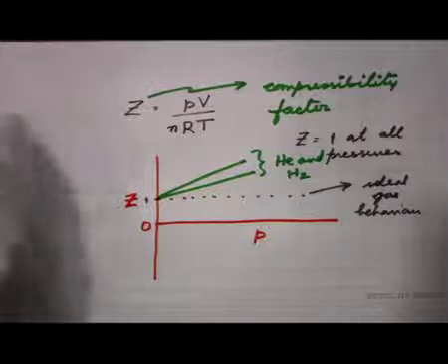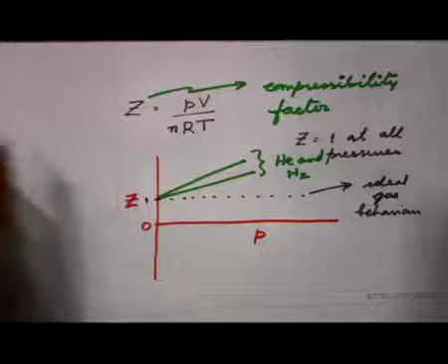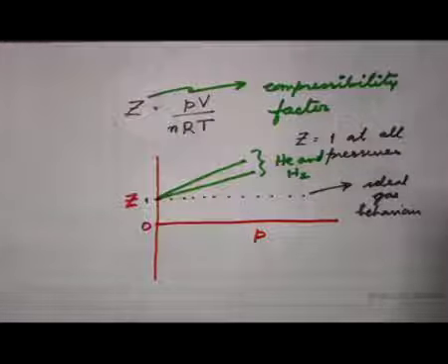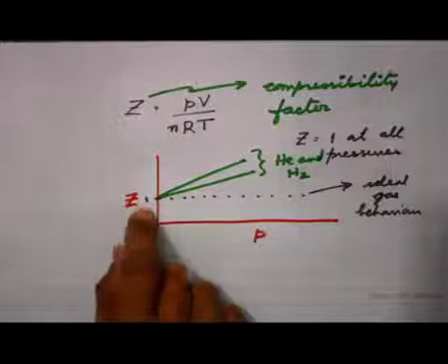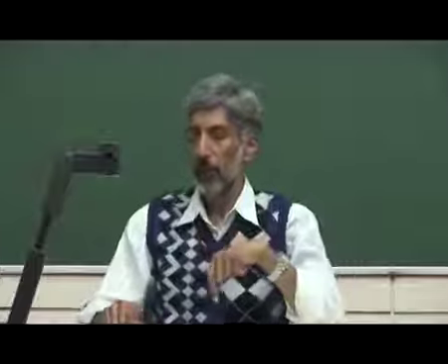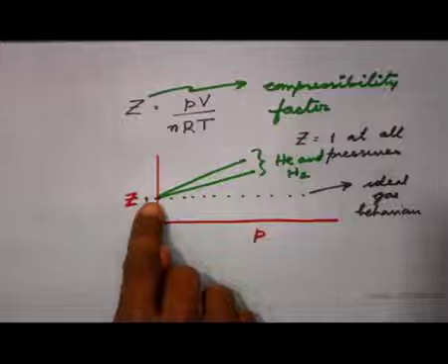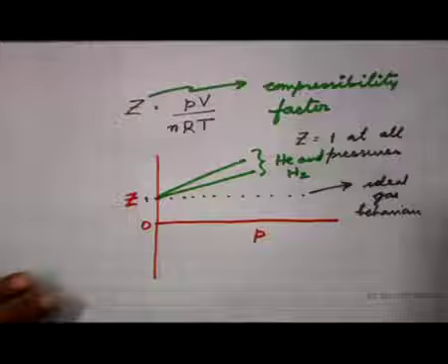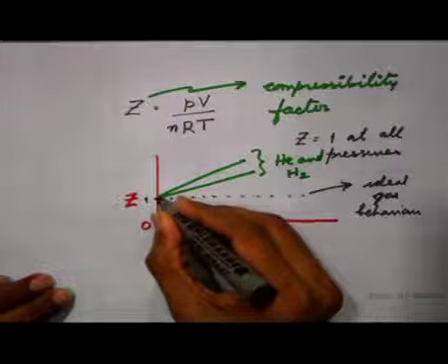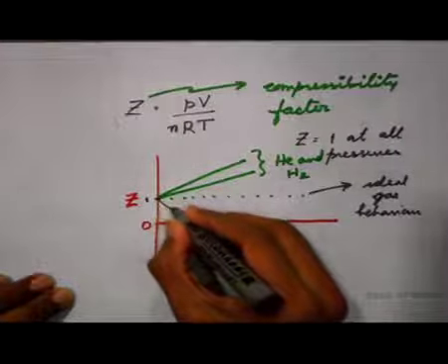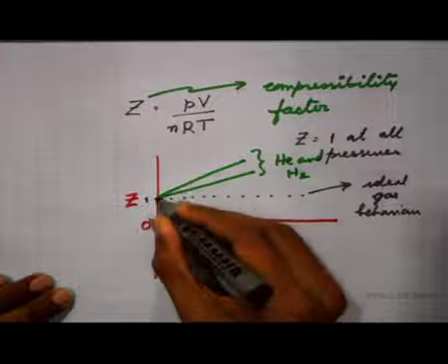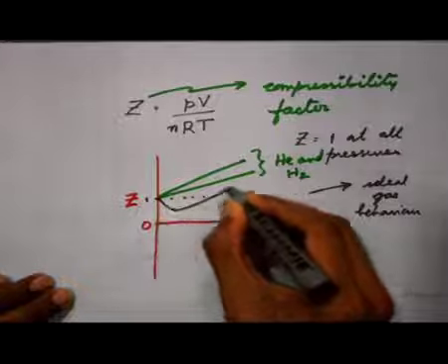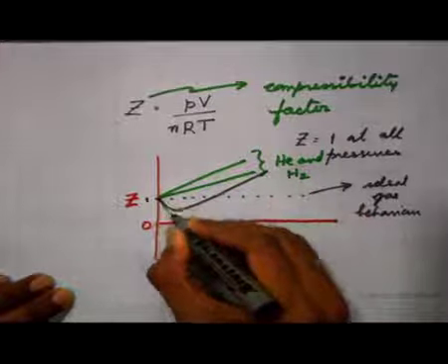So, if you are doing this at room temperature, for example, this is the behavior that is demonstrated by helium and hydrogen, which means that Z is always higher than the value that you would compute with the ideal gas equation of state. The other kind of behavior that you see is that it starts off going negative or less than 1, slope is negative, and then it starts to rise.